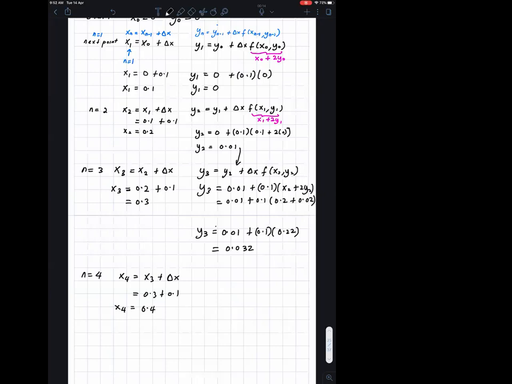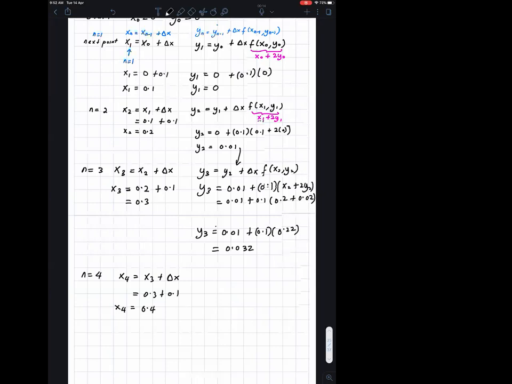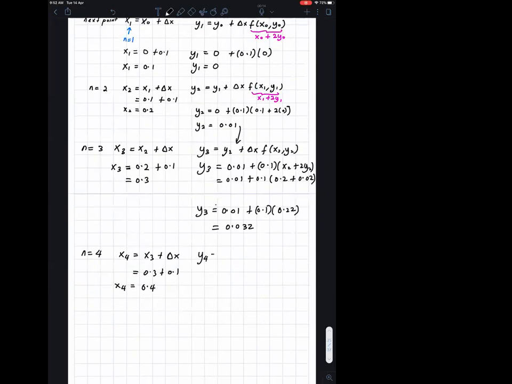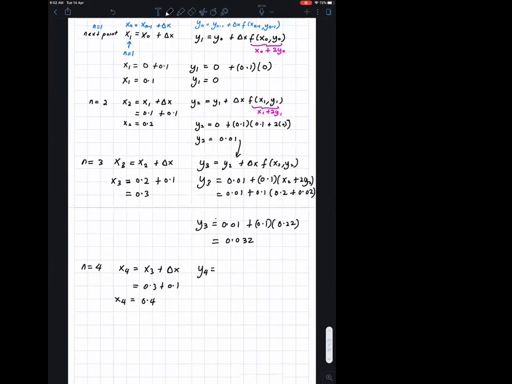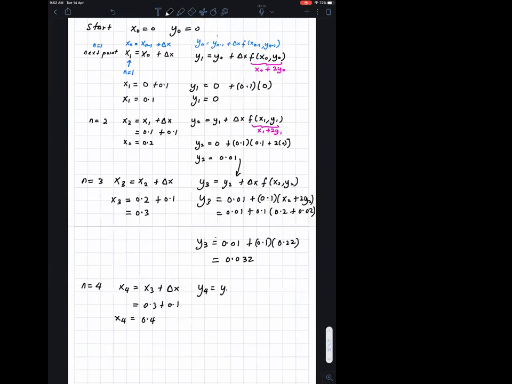Then the corresponding Y4 is going to be, the formula is Y3 plus delta X times F(X3, Y3). Okay, then Y4.